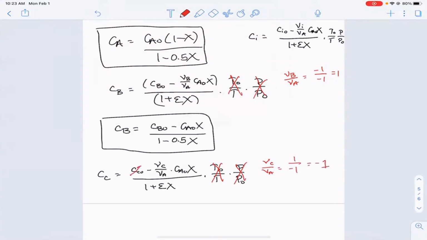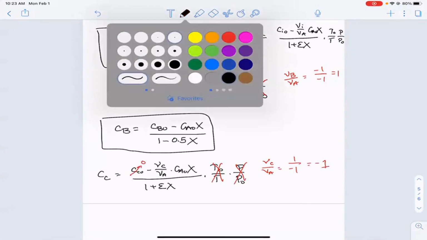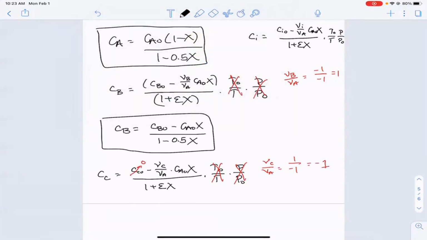And Cc0 is, let's say, equal to 0. We often don't start with the product in the reactor. So that means that Cc equals, this becomes -1, which is +1, Ca0x over 1 minus 0.5 times x. And there's our expression for the concentration of C as a function of the conversion.